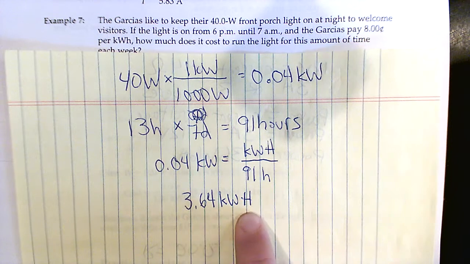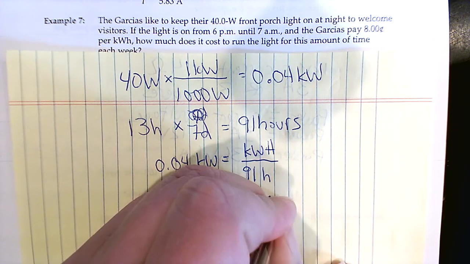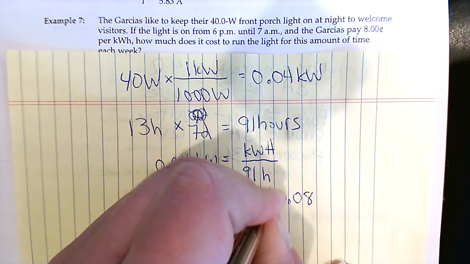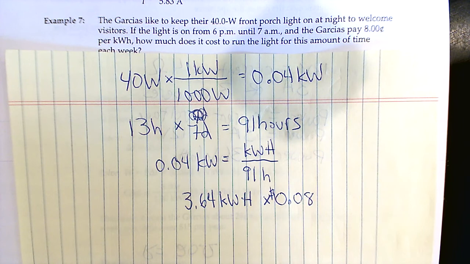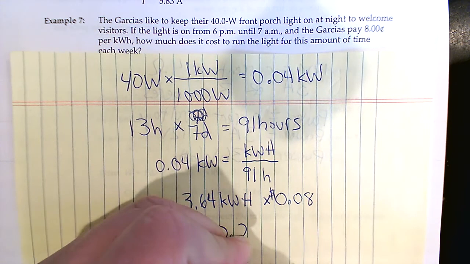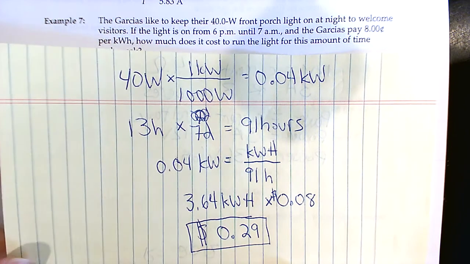Okay, and our problem says for every kilowatt hour, they get charged 8 cents. So we're going to take that many kilowatt hours times $0.08. Right, that's how you would write 8 cents in dollars. So we go 3.64 times 0.08. So they're going to get charged 29 cents about to keep that porch light on for a week.